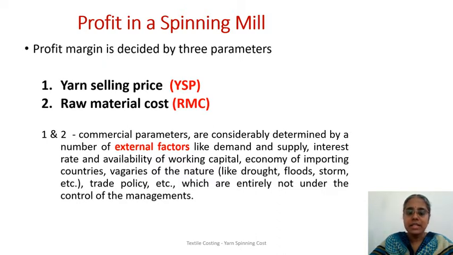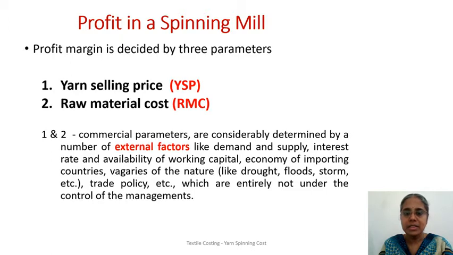The yarn selling price is partially controlled by a spinning mill, but sometimes there are various organizations which fix the rate, and you can sell your product according to the market price, according to the demand and the market price.